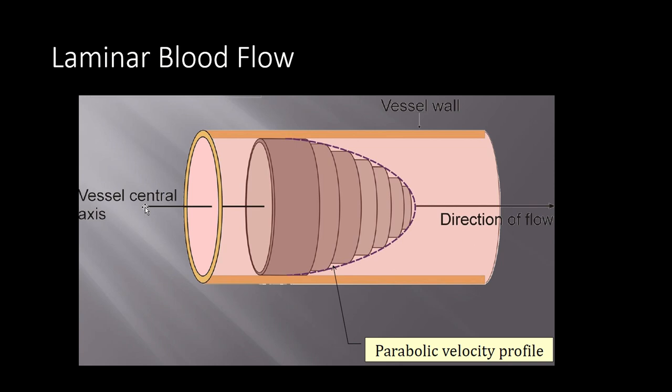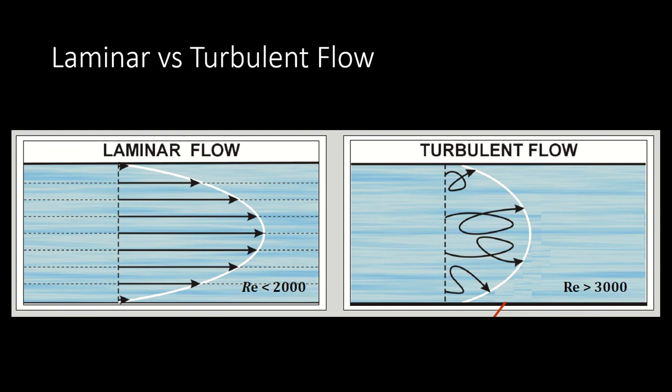Therefore, blood flow in the center of the vessel will have a higher velocity than that which is closest to the vessel wall. As far as laminar flow, that's where we have blood flowing rather linearly, and the velocity is consistently lower as we get closer to the walls and greater as we get closer to the central axis.